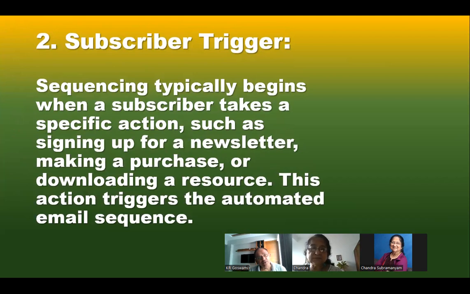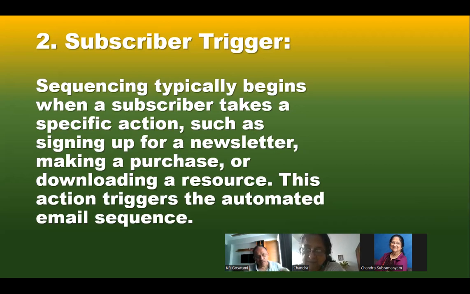A sequence typically begins when the subscribers take a specific action. See, sequences will not go just like that. Now suppose I am putting one landing page, and I am telling them, okay, join hands. Suppose my landing page is join hands.